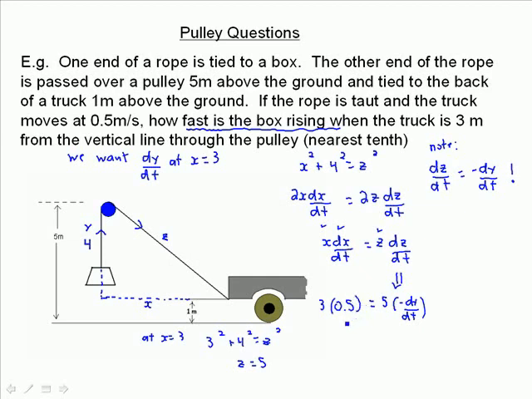So we multiply all this out and divide by negative 5. So 3 times 0.5 divided by negative 5, and it works out to be a clean number. dy dt is equal to negative 0.3.